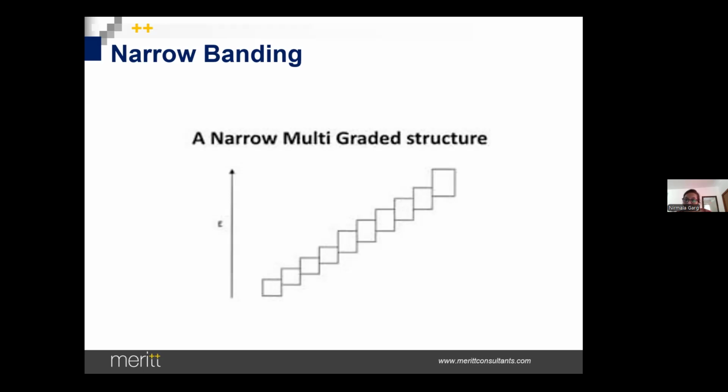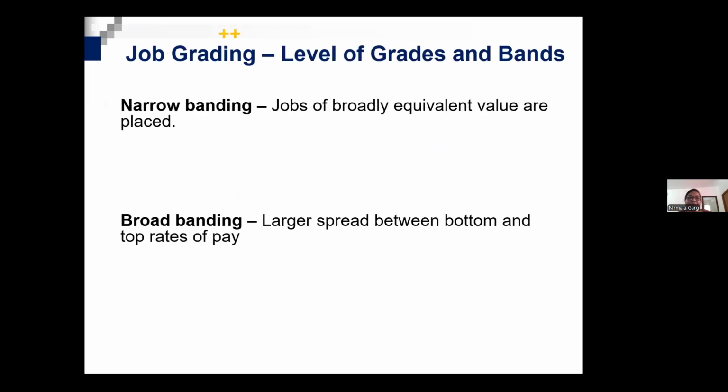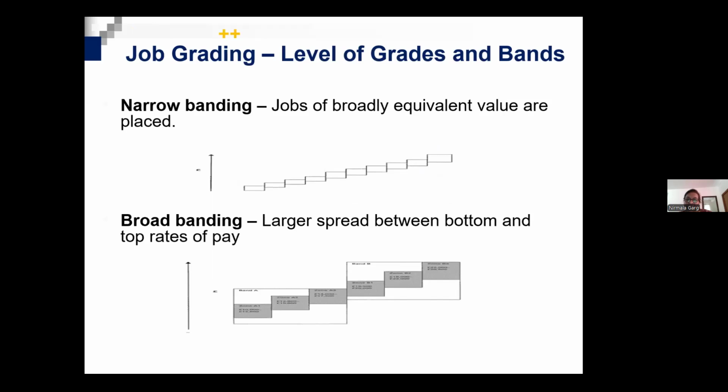Today, in most of the organizations, they follow a broadband structure. What is a broadband? That is where the difference between the min and the max of every band is very wide, broad. Can you see my cursor? Say, for example, the difference between here and here is very wide. So every 2 or 3 years, you do not actually have to do promotion.